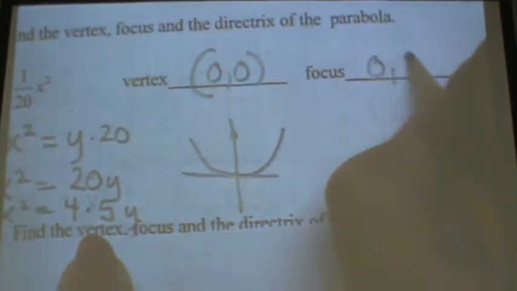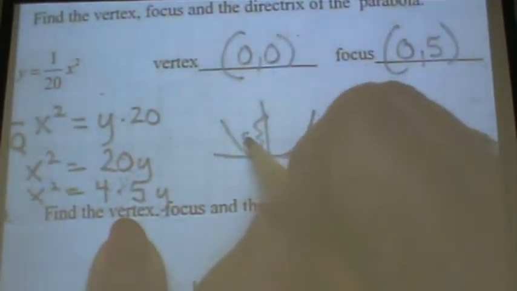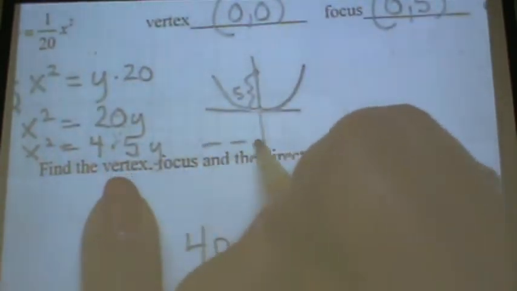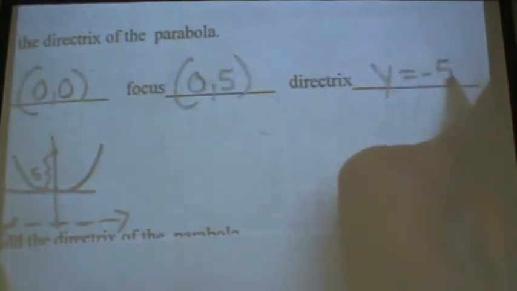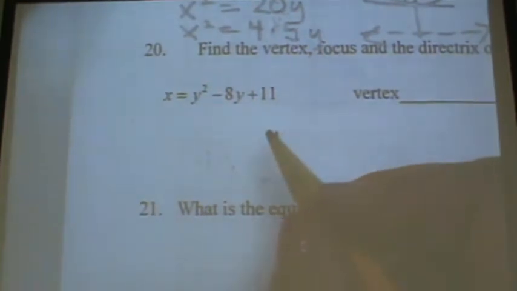So 0, 5 is your focus, because p is 5. That's 5 units. In your directrix, you've got to go 5 units the other way, so what would your directrix be? y equals -5. Do you get this? Yeah. 5 and 5.